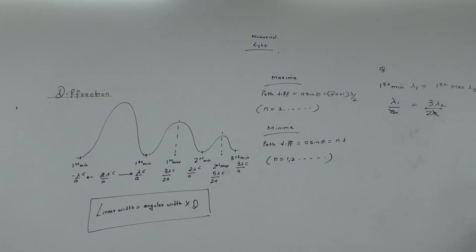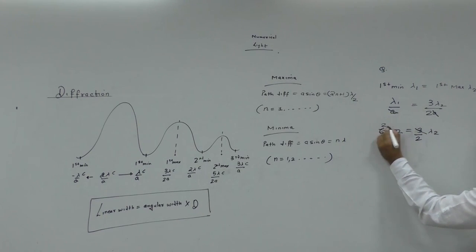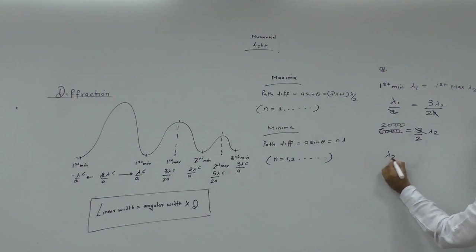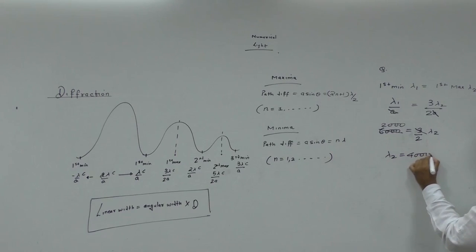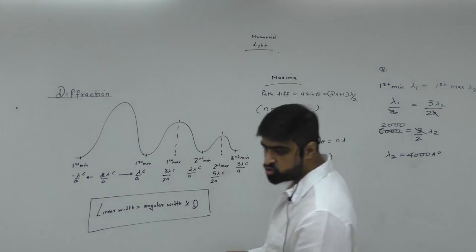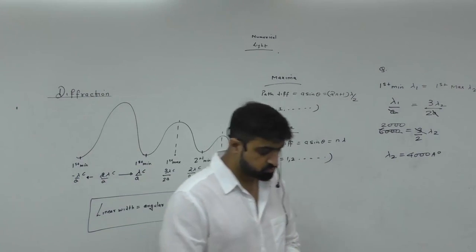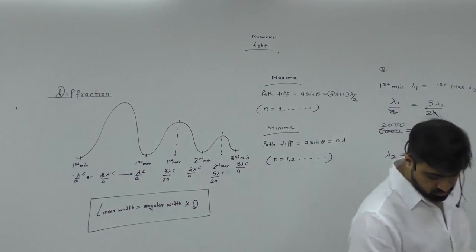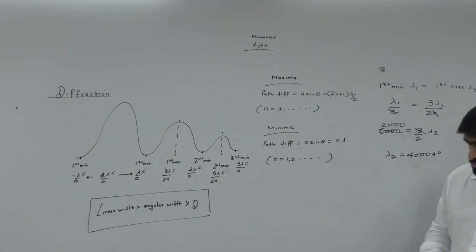How much is lambda 1 given in the question? 6,000 Armstrong. What will the answer for lambda 2 be? 4,000 Armstrong. You just have to look over here and solve. We get the answer. Okay. Got it? Next question.